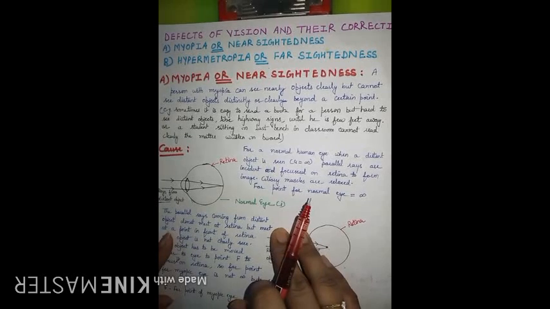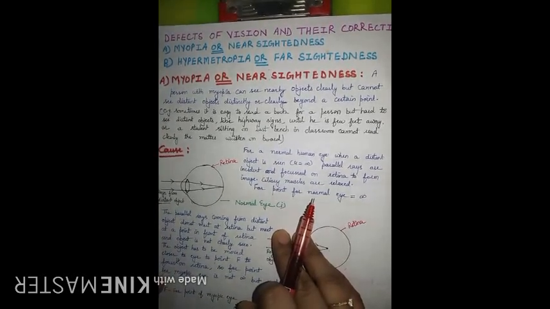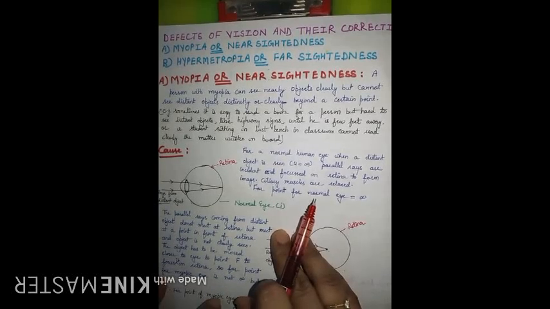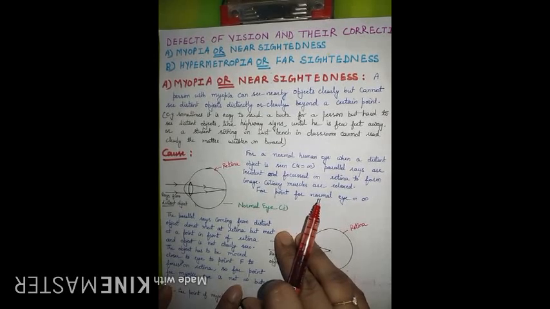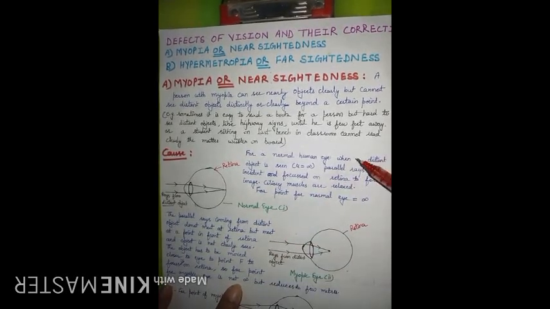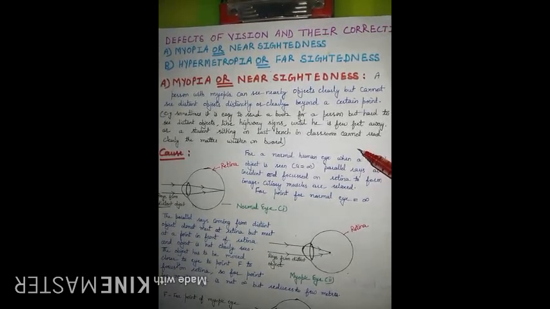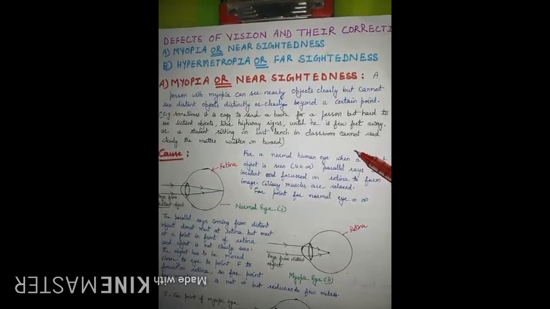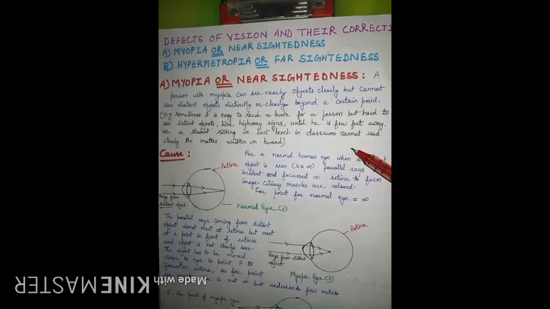So this type of defect, when someone is facing problems in viewing objects which are at a distance from the person, but can very clearly see objects which are nearby, is known as myopia or nearsightedness.